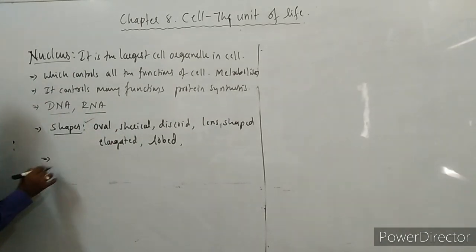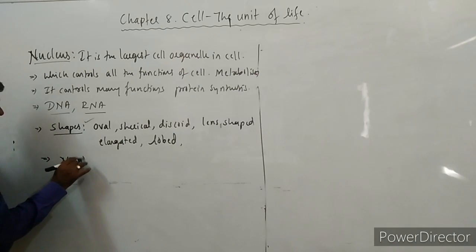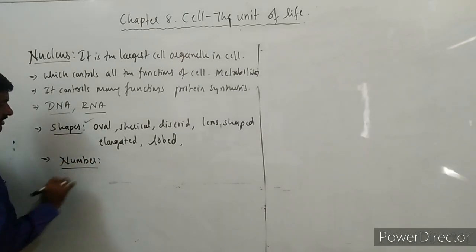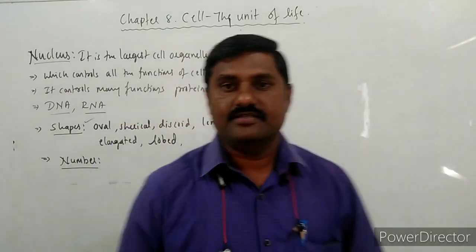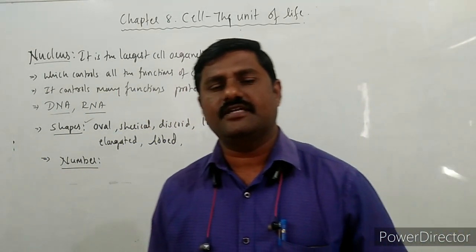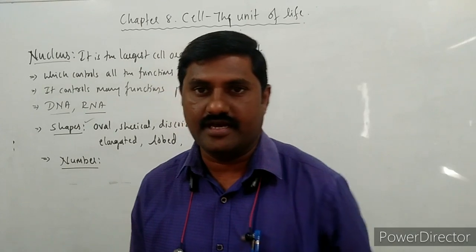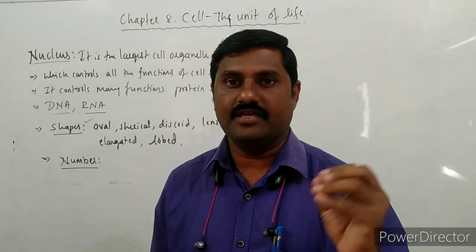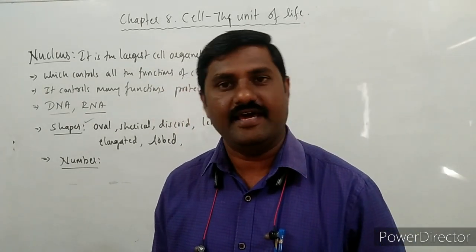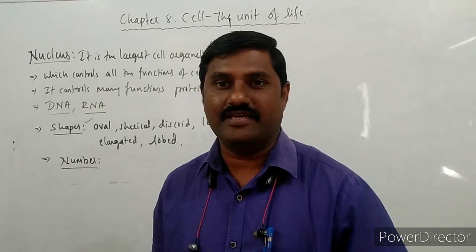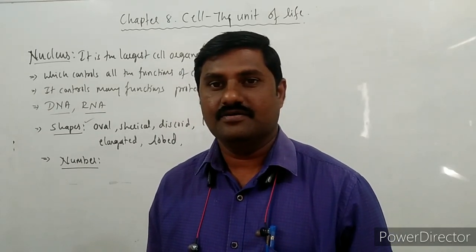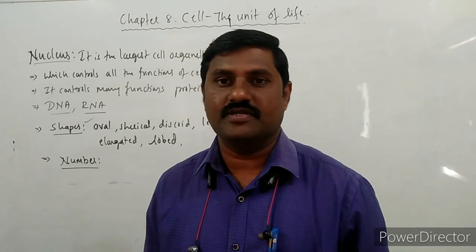And the next one, number of nucleus, is also very important. Why? Because majority of the cells contain only one nucleus, so uninucleate condition is there. And some of the cells contain two nuclei, in the protozoans.